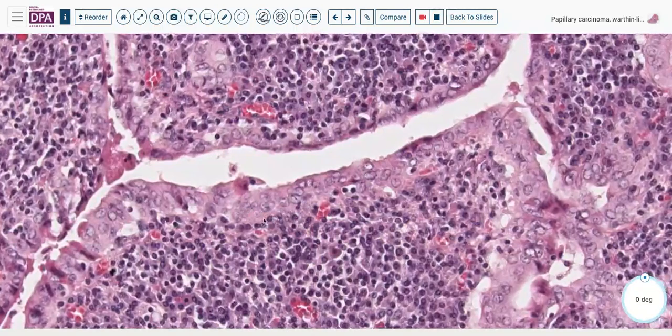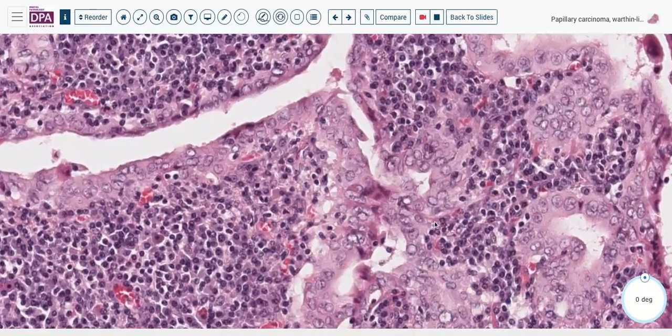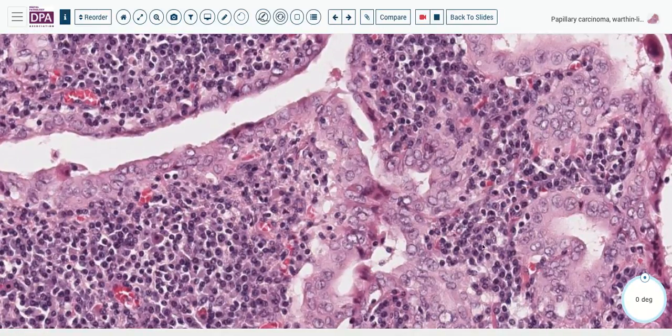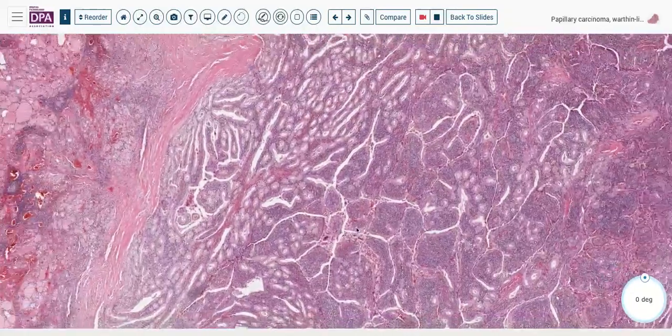No, in fact, as we look at these nuclei, we start to see grooves, we see irregular nuclear membranes, we see some nucleoli, we see some pseudo-inclusions here and here. We see the nuclear features of papillary thyroid carcinoma. And so we're not going to shy away from that because the patient has a background of thyroiditis.